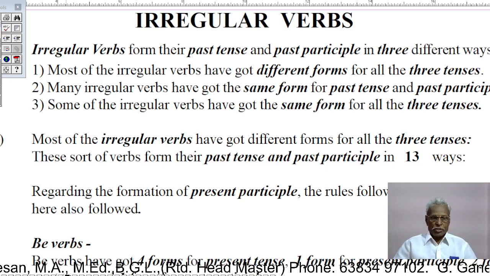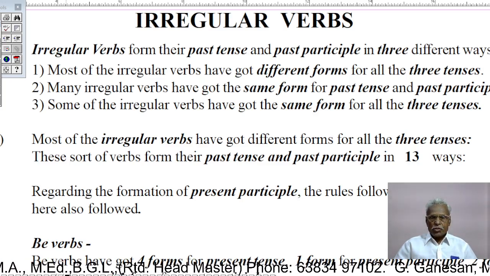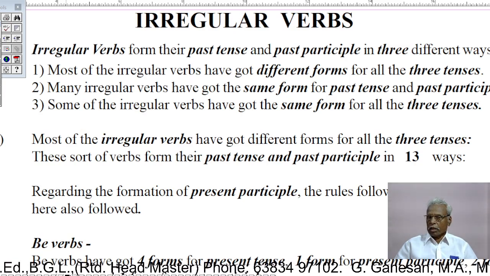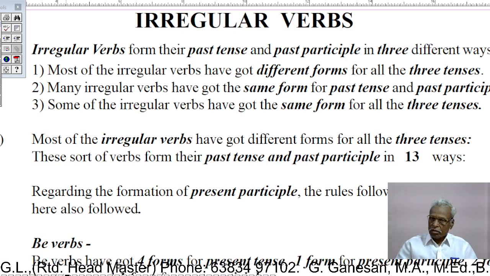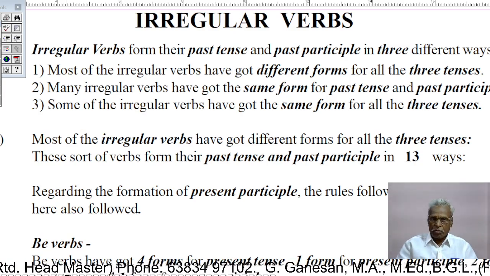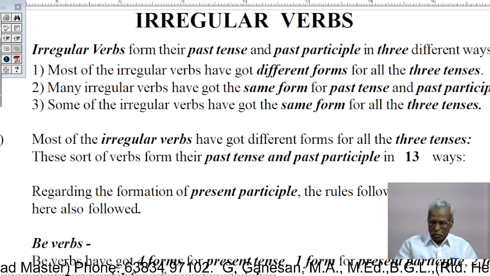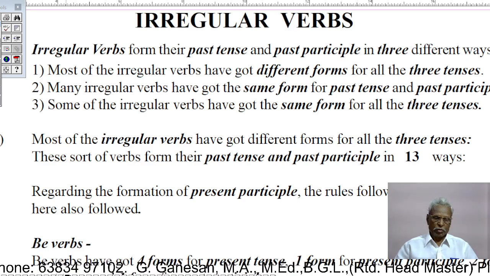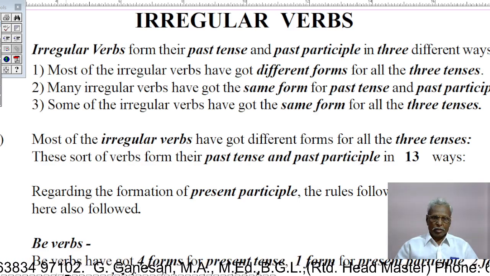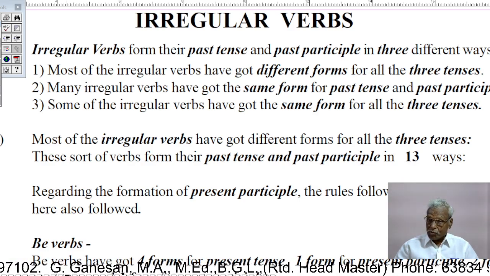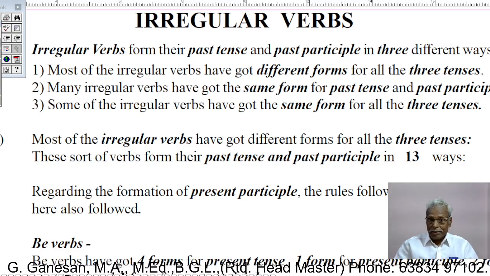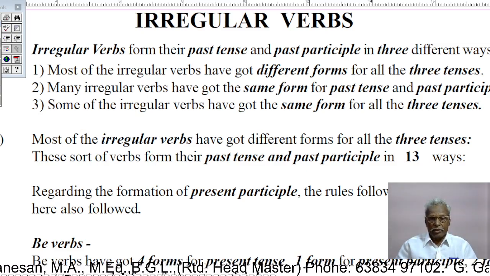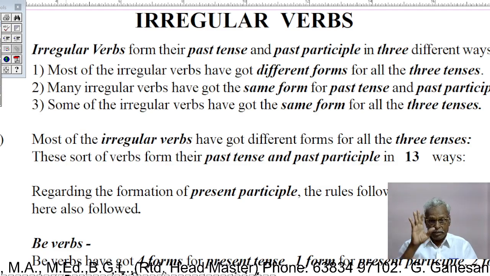Dear students, see, regarding the formation of past tense and past participles, the irregular verbs can be classified into three categories, into three kinds.